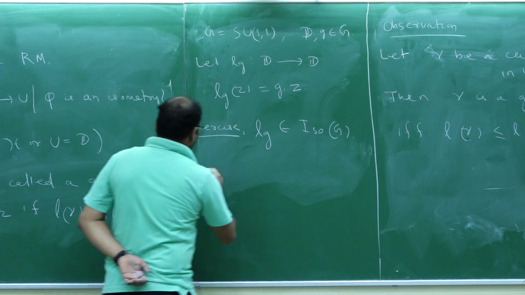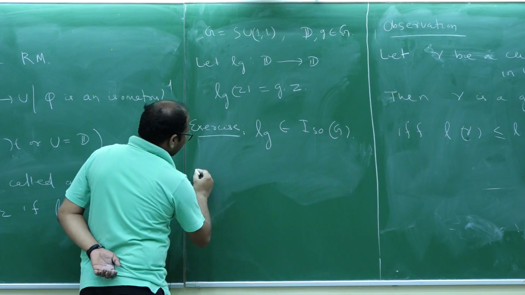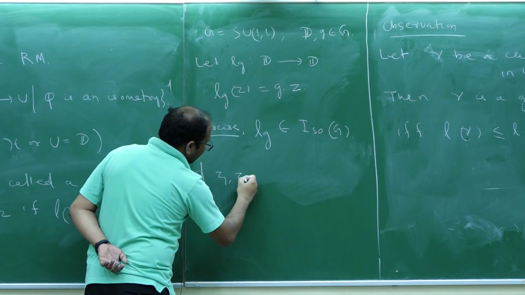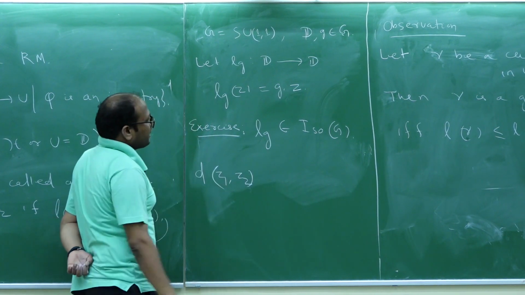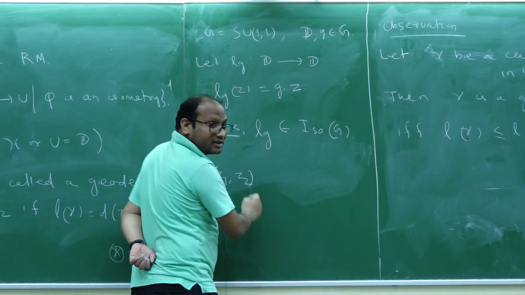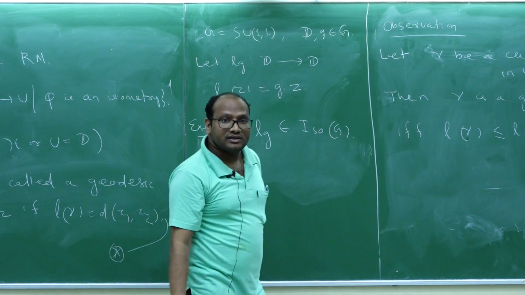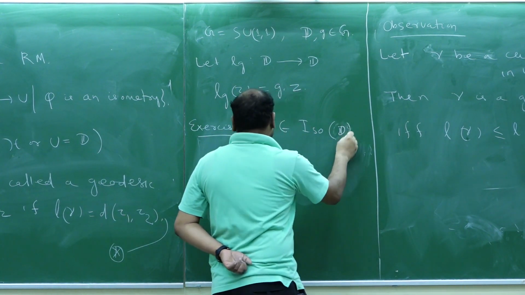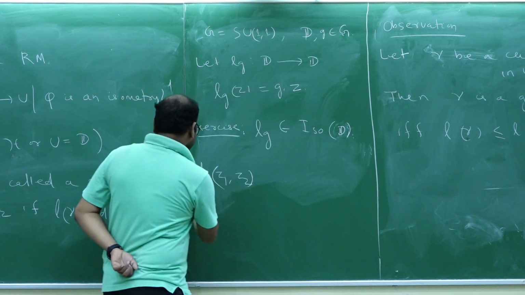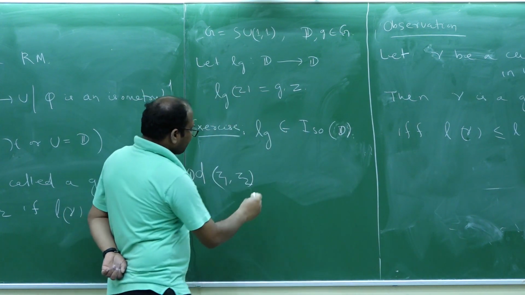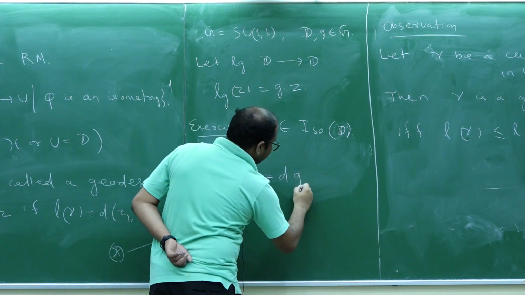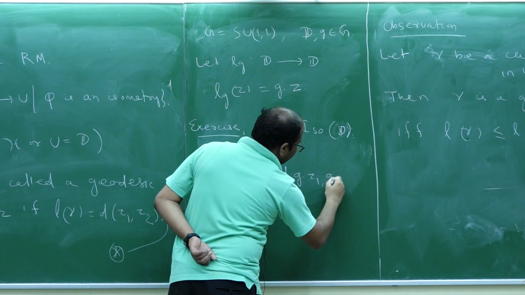Therefore it will follow that the distance between Z1 and Z2, since it is an isometry of D, is really the distance between g dot Z1 and g dot Z2.